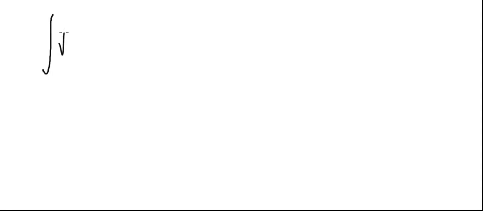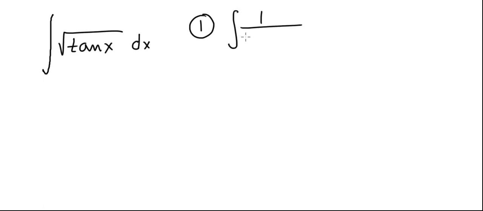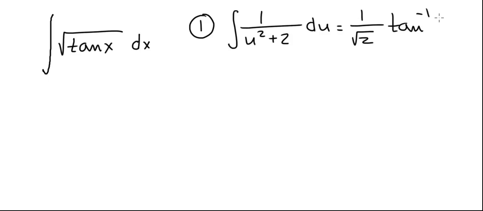We're going to evaluate the integral of the square root of tangent of x. So to do it, we'll need the following results. First, the integral of 1 over u squared plus 2 is equal to 1 over the square root of 2 times inverse tangent of u over square root of 2.